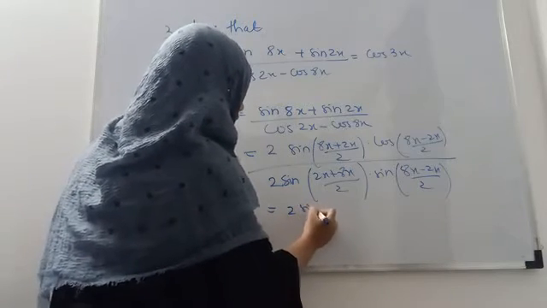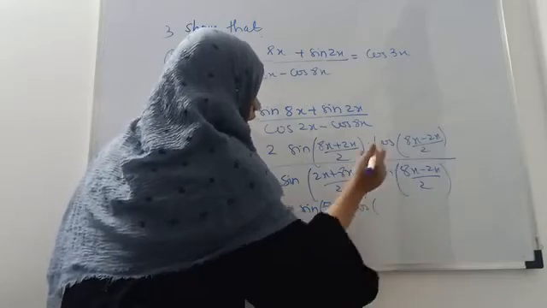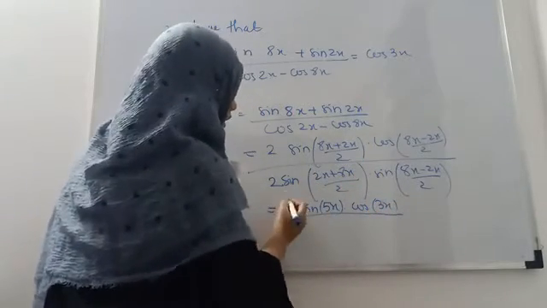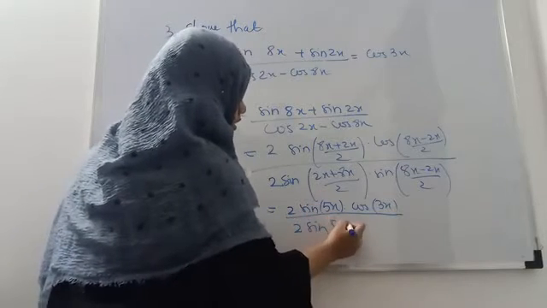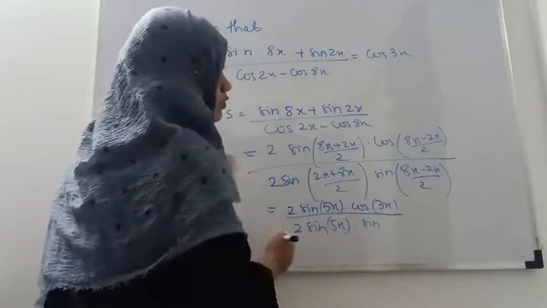The numerator is 2 sin 5x cos 3x, divided by 2 sin 5x sin 3x.